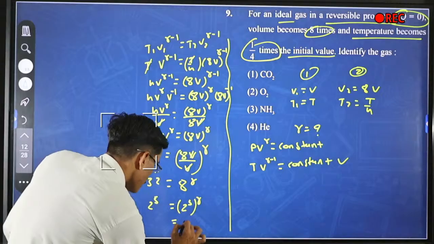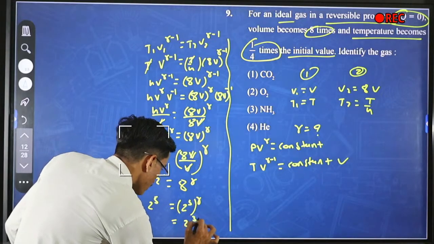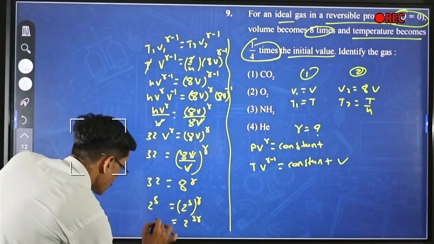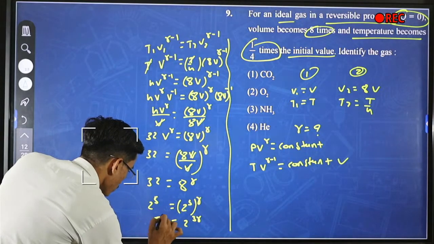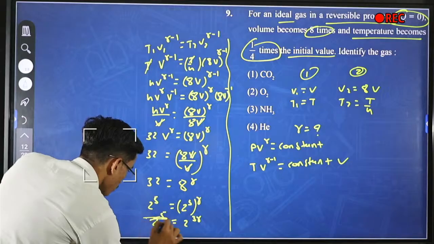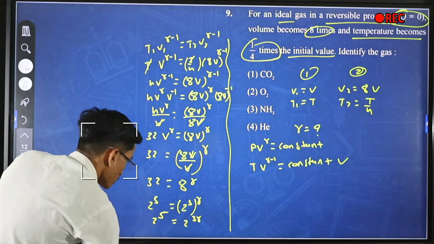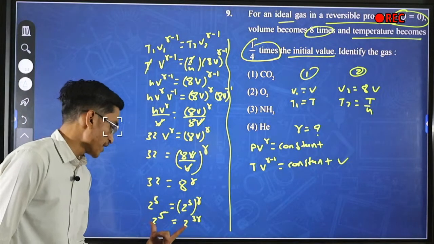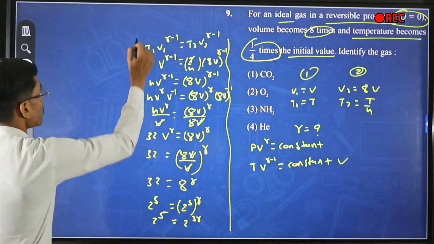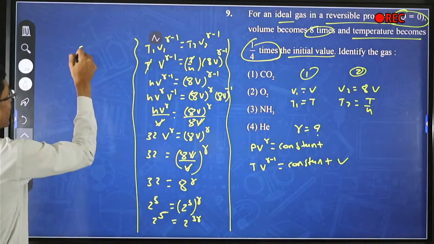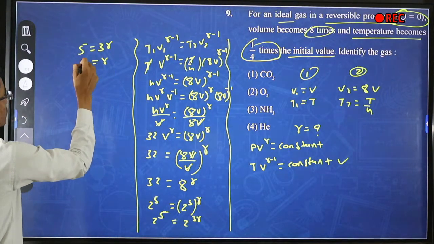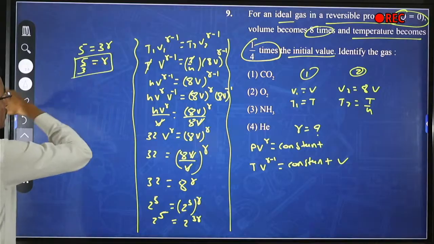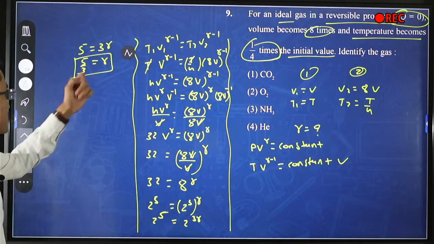So 2 raised to 3 gamma is equal to 2 raised to 5. Here the bases are the same, so we can say that 5 is equal to 3 times gamma. So gamma is equal to 5 by 3. The value of gamma is 5 by 3.